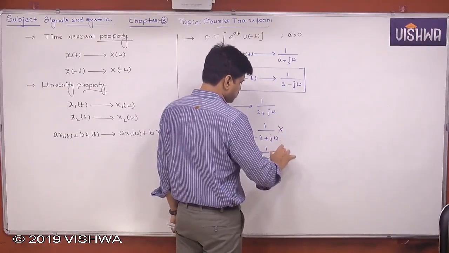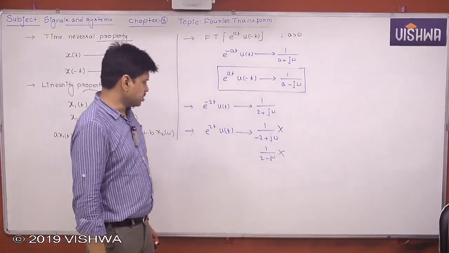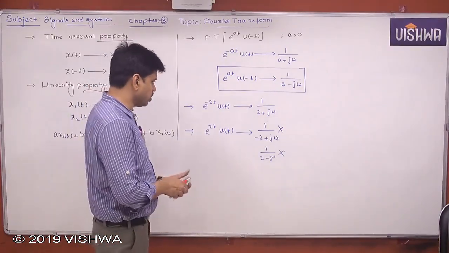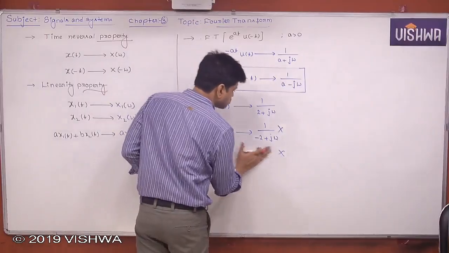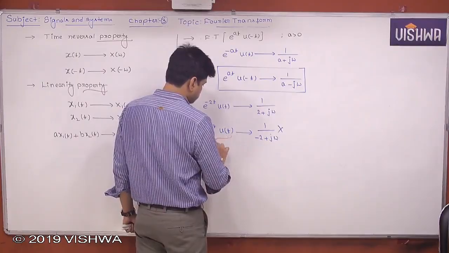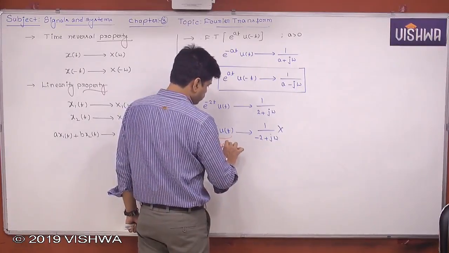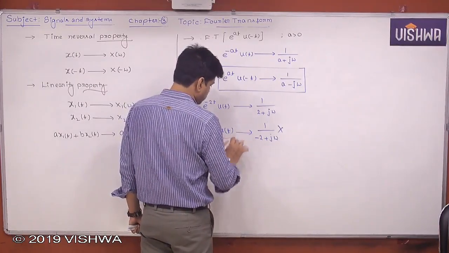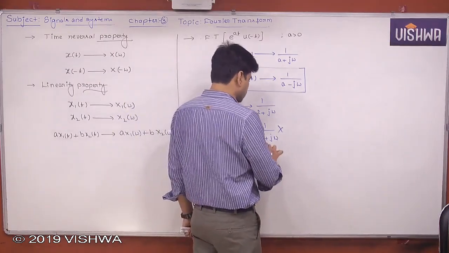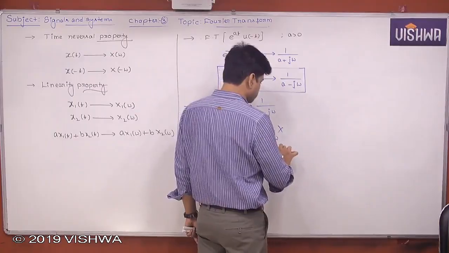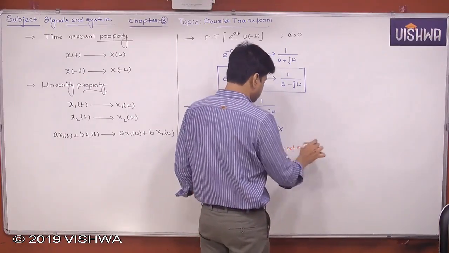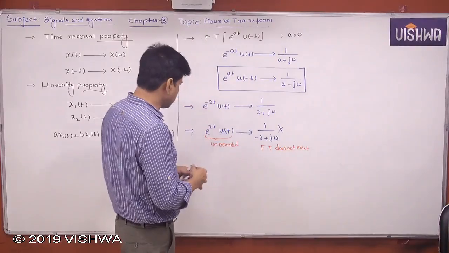Both are wrong. Why, sir? First of all, the Fourier transform does not exist because it is an unbounded function. I told you, for an unbounded function, we cannot write the Fourier transform. So, the Fourier transform does not exist.